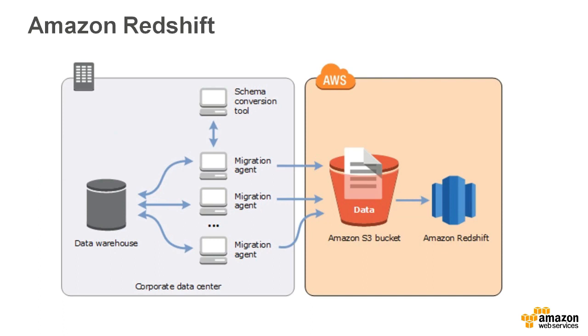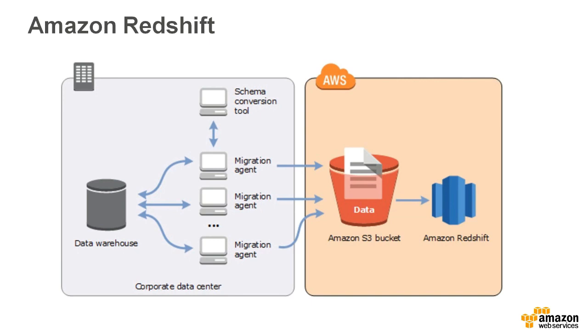This is a typical scenario where we can integrate a solution with Redshift and S3. For example, we currently have a corporate data center where a huge chunk of corporate data is stored in a data warehouse, and suddenly our company starts feeling that we should migrate our data to the cloud. So how can we do so?